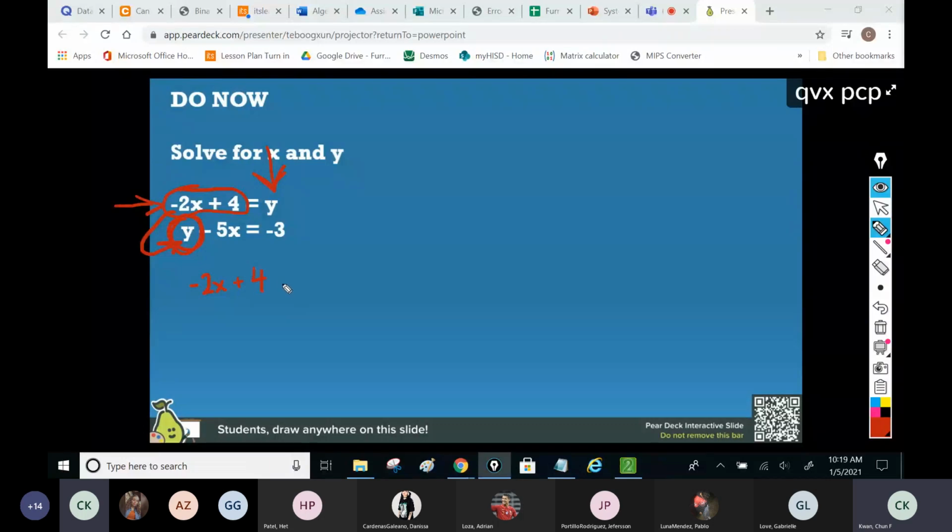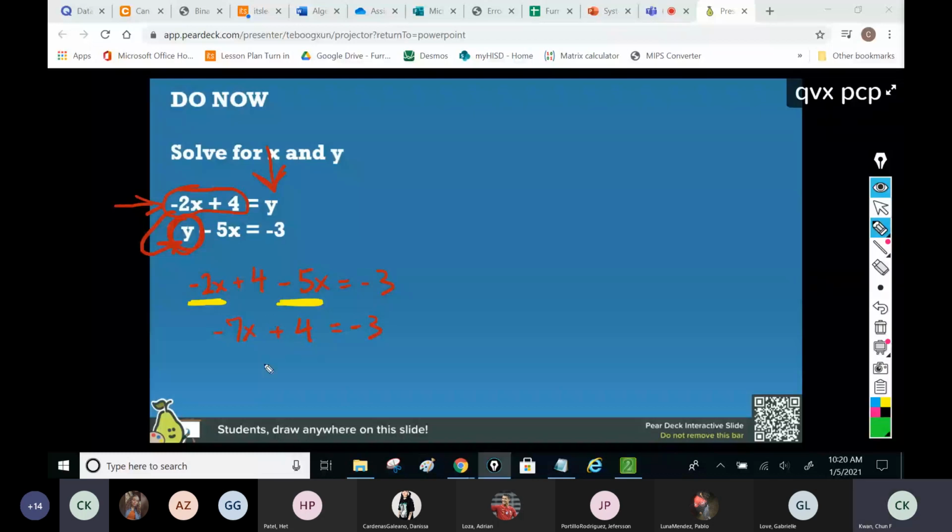And then after that, I need negative 5x equals negative 3. And then I'm going to combine the like terms right here and right here. So after I combine them, I'm going to get negative 7x plus 4 equals negative 3.